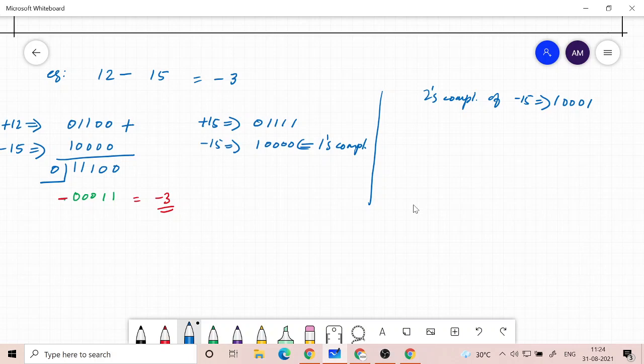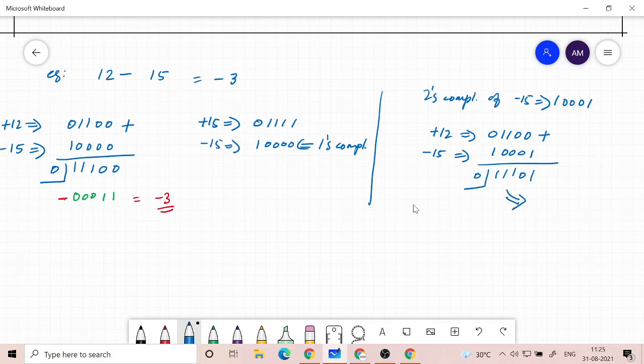So plus 12, which is 0 1 1 0 0, plus -15, 1 0 0 0 1, then 0 1 1 1. So there is no carry again, no carry. Then we say that this itself is the result.